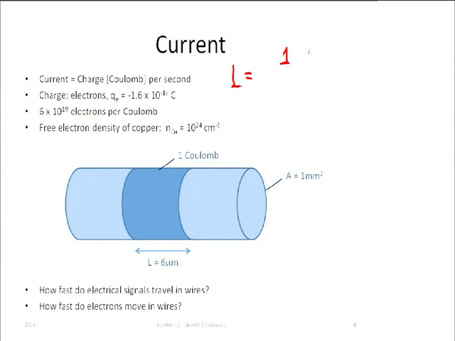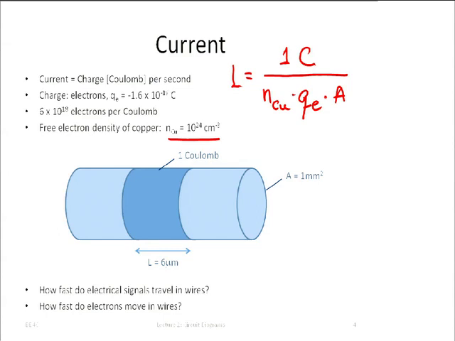And then we also have to multiply by the charge, of course, and then by the cross-section. Okay? That's how we get that length. L times the denominator is the total charge in the volume L times A.